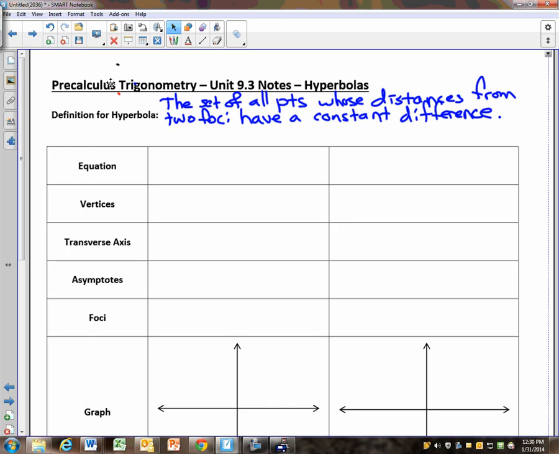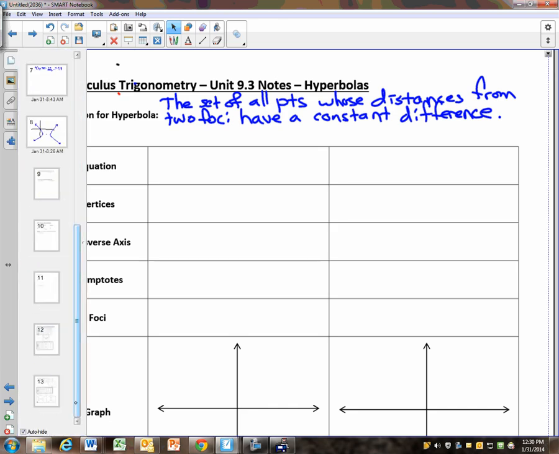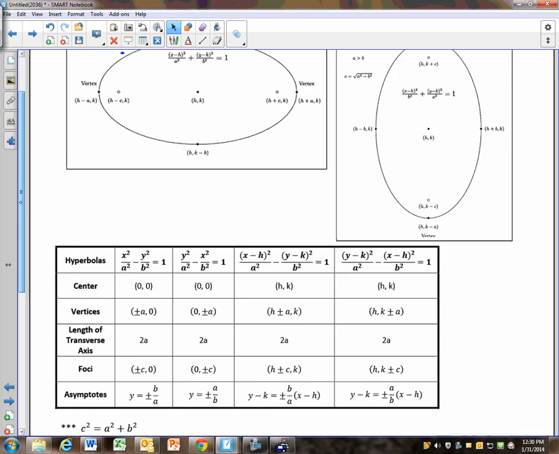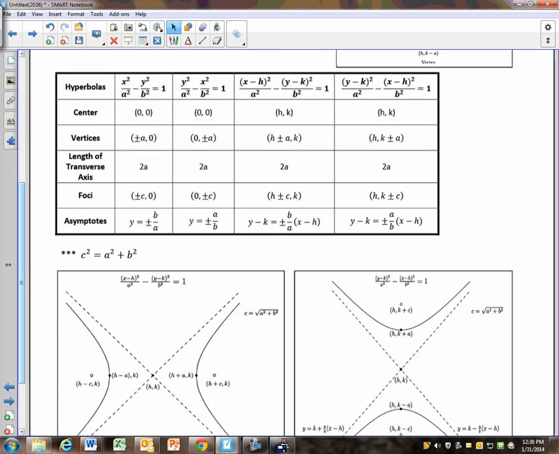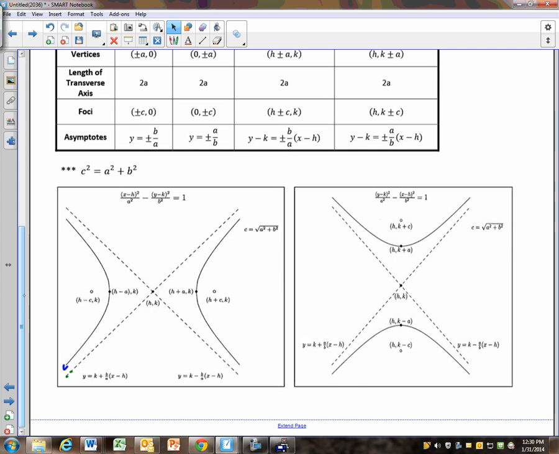So, today you want to graph hyperbolas. If you flip to the very back page, this is the section where I give you all the organizing notes about hyperbolas. Hyperbolas are very similar to ellipses, but they go in the opposite direction, so to speak. For example, this one right here is the hyperbola.